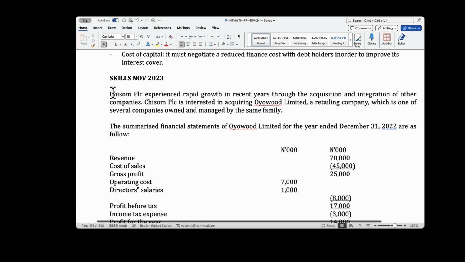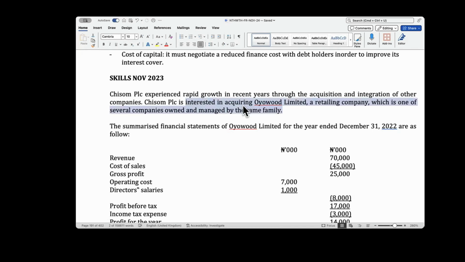So they said Shison PLC experienced rapid growth in recent years through the acquisition and integration of other companies, right? Shison PLC is interested in acquiring Oilwood Limited, a retailing company, which is one of several companies owned and managed by the same family.